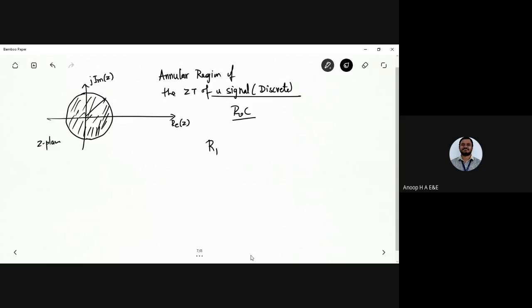I have region 1 present there. Next I have region 2. These values of Z, R1 and R2, are generally the region of convergence. So that is region of convergence 1, and next R2 will be region of convergence 2.